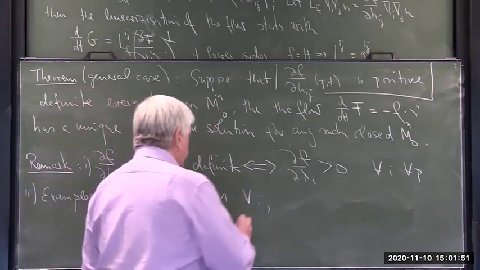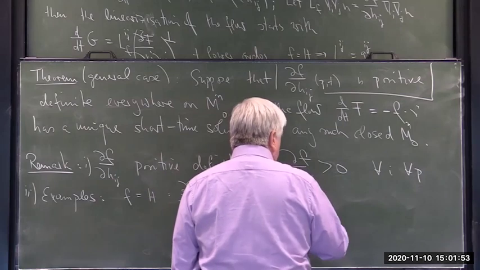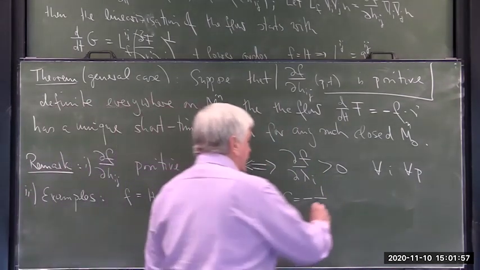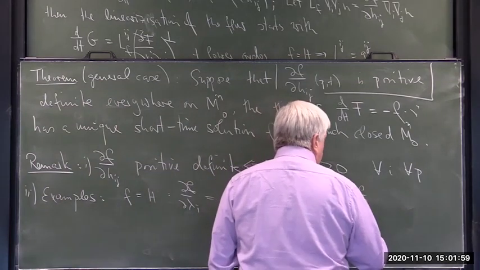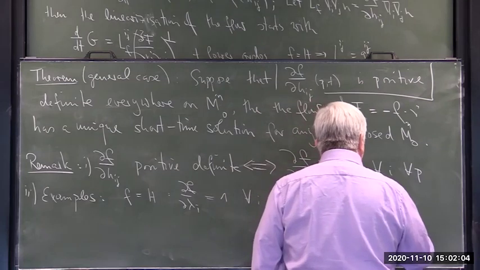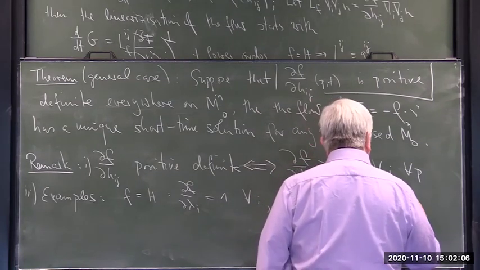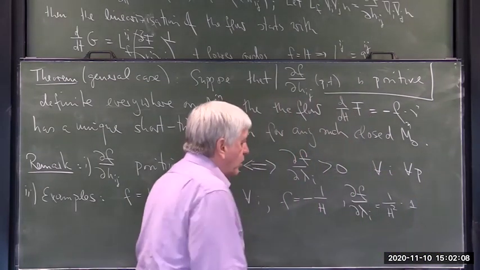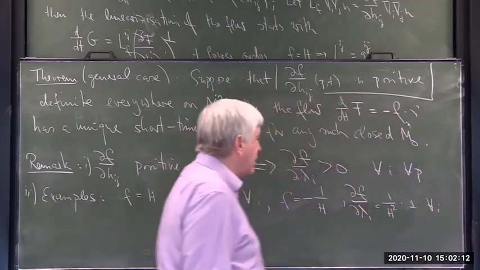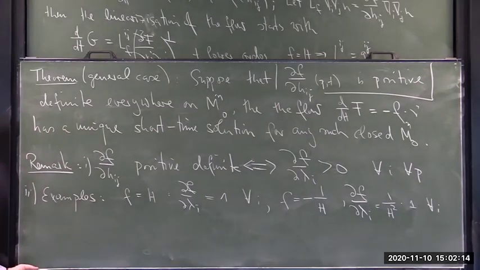If f is equal to inverse mean curvature flow, minus 1 over H, then you have df/d lambda_i is equal to 1 over H squared, times 1 for all i. So it's positive if H is positive.